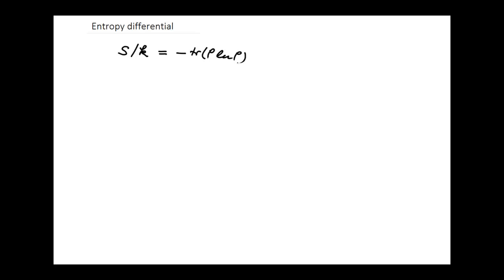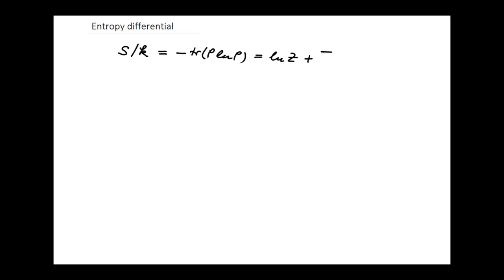And when you insert the general Gibbs state from before, then you have a structure very similar to the one that we saw for the Boltzmann-Gibbs state already. You have the log of the partition function plus, now in the Boltzmann-Gibbs case, we had then beta times the expectation value of the Hamiltonian.